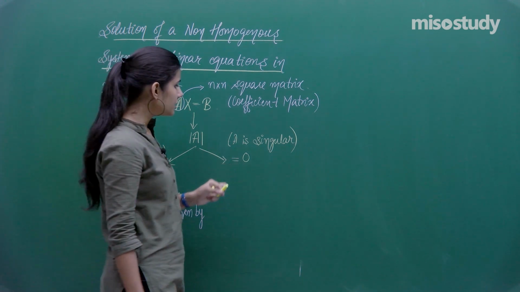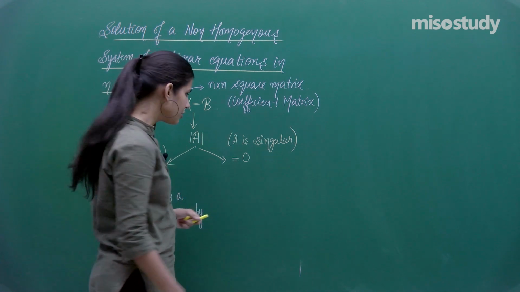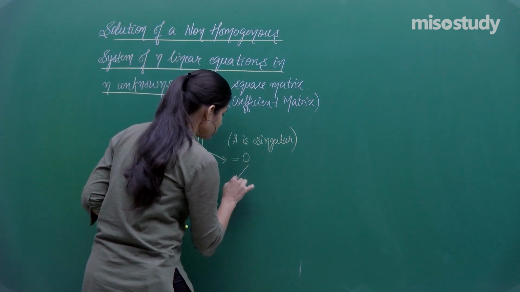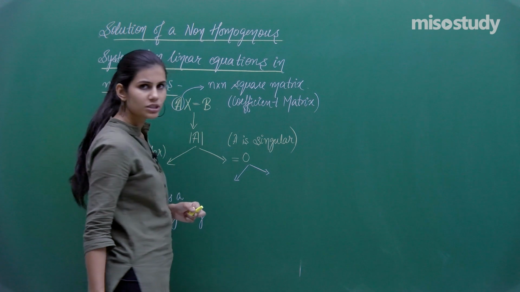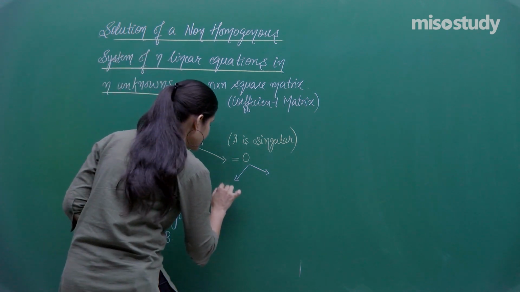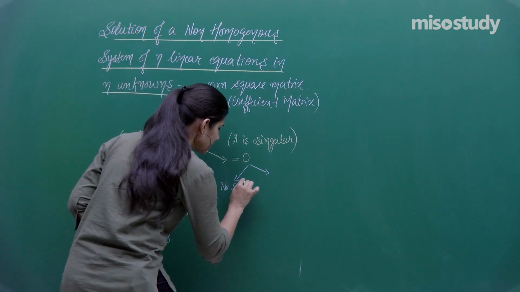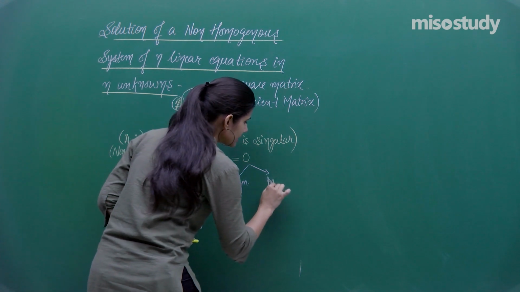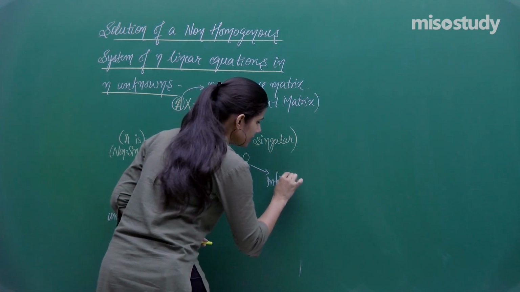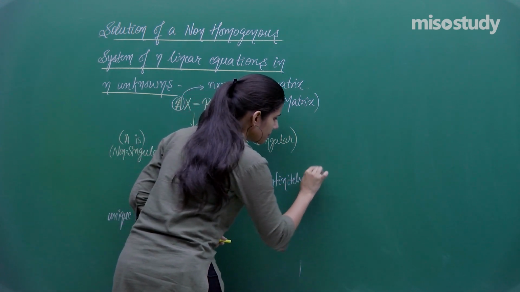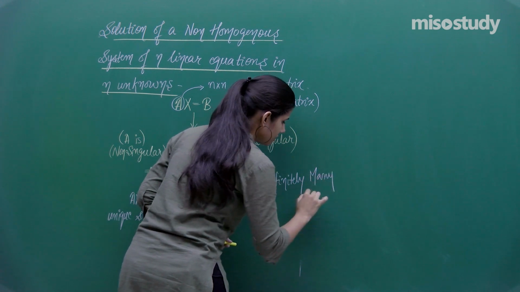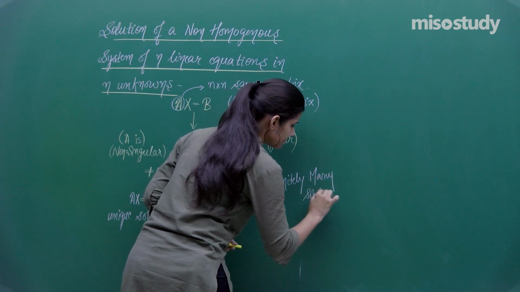After that, if suppose the determinant is equal to 0, that means A is singular, then the conclusions are two. Either the system has no solution or it has infinitely many solutions.